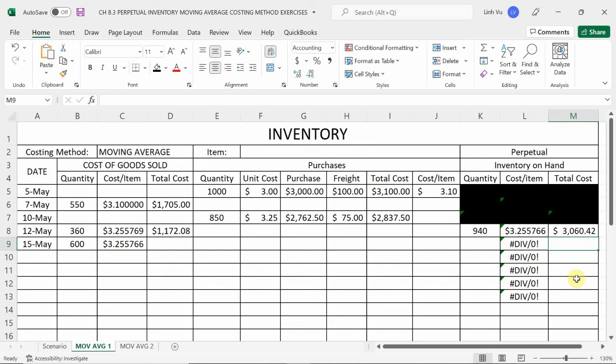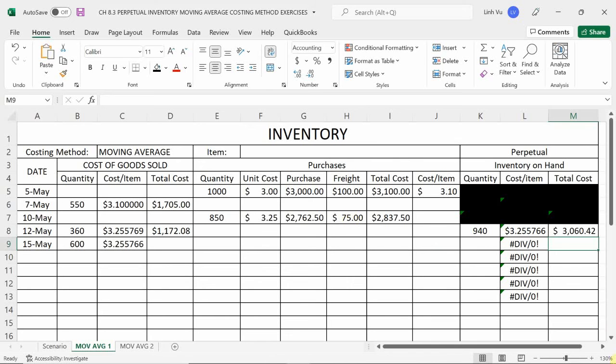The reason I say this specifically is because if you're not constantly putting in a rounded number, this number would be unrounded on the inventory on hand. That's why you're getting numbers that don't match mine. Make sense?